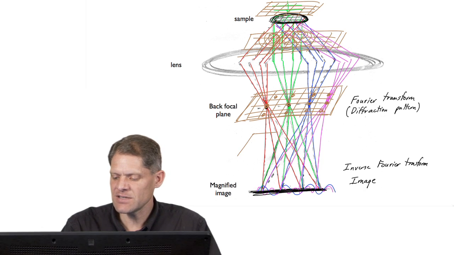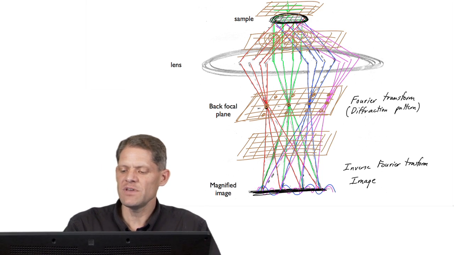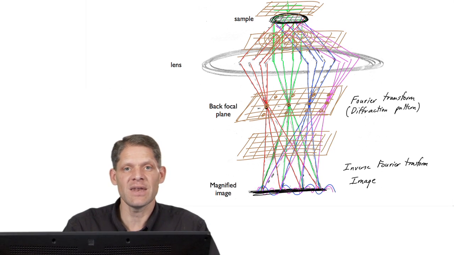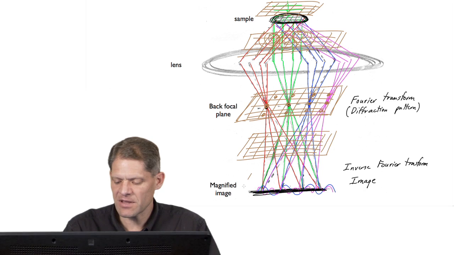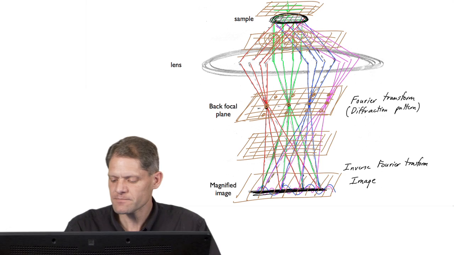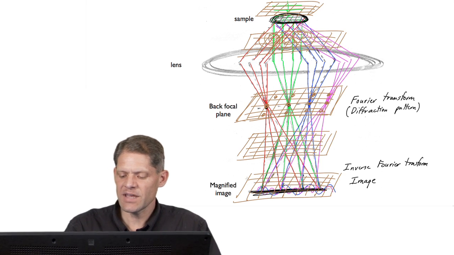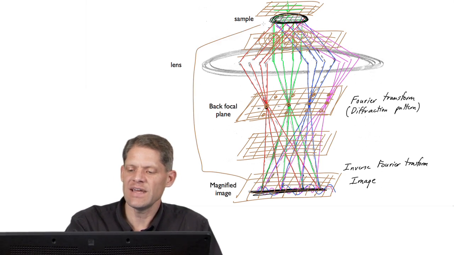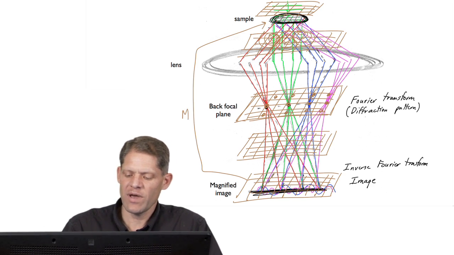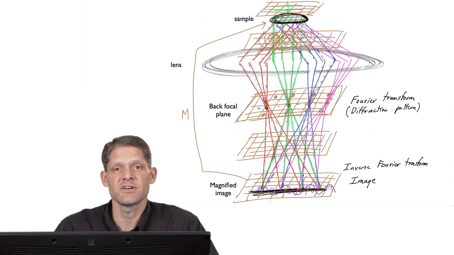And then as these rays move on further down the electron microscope, all of these Fourier components interfere with each other to form a complicated wave function. And finally, the wave function that exists here on the image plane is a replica of the density of the sample, but a magnified version. And this wave function is what we record eventually on the detector.